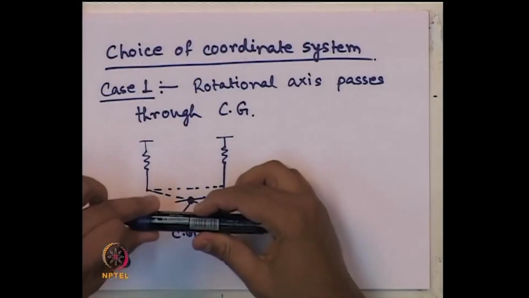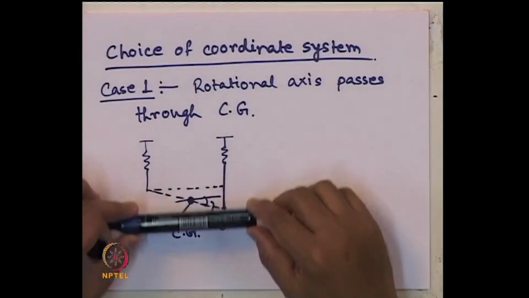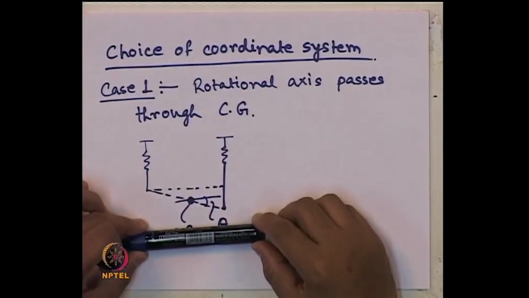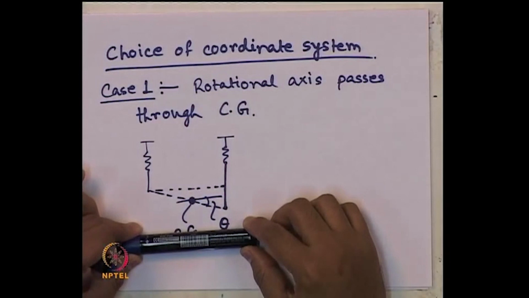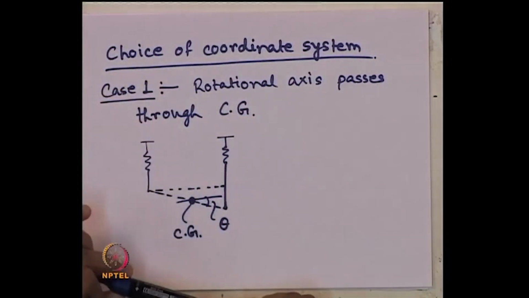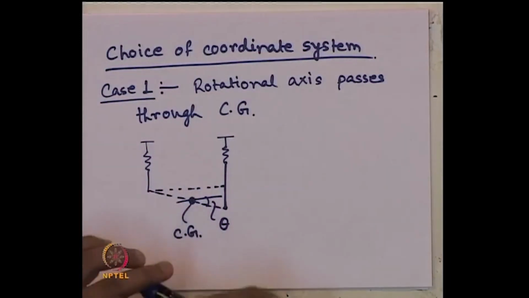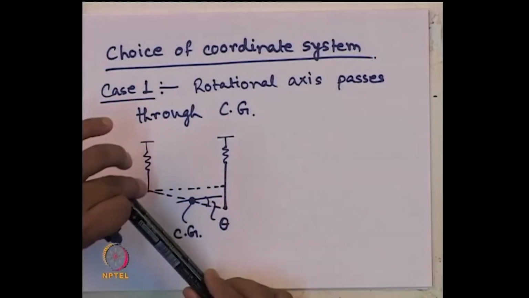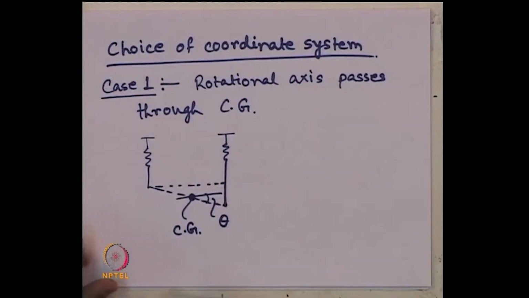What has happened, for the 2 degrees of freedom of this beam, it has displaced vertically down at a particular instant. So, this is the direction of motion I am considering. It has displaced as well as it has rotated. And for that rotation, we are considering it has rotated about its center of gravity. So, this is the case I am considering here.